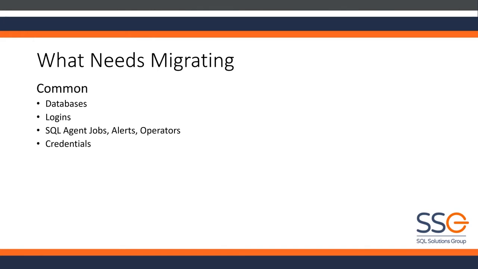This is less common, but they do exist. The most common use of a credential is when you have a proxy set up for your SQL Agent jobs; you have to have a credential associated with that. Database Mail: if you're using Database Mail, which most are, if only for SQL Agent notifications, you need to get that configuration set up on the new server. If you're using replication, you're going to have an impact there.